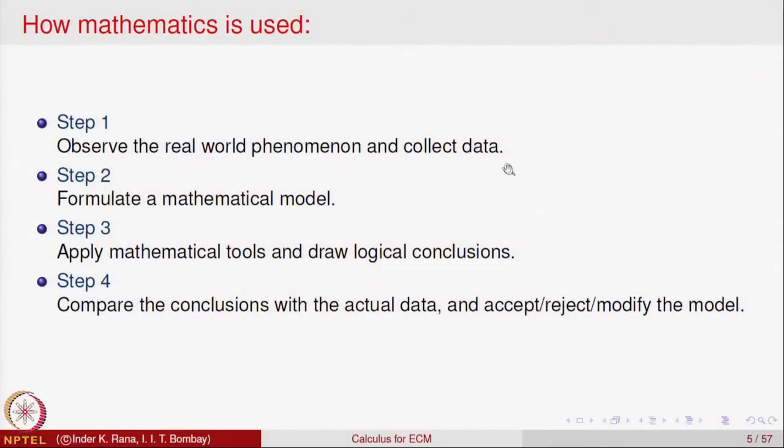Once the conclusions are available, you compare the conclusions with the actual data that you have collected in step 1, whether your conclusions match with your actual observations. If they match, probably your model is correct and you can generalize it. If not, you have to tweak the model a bit more. So, this is what is called the process of mathematical modeling.